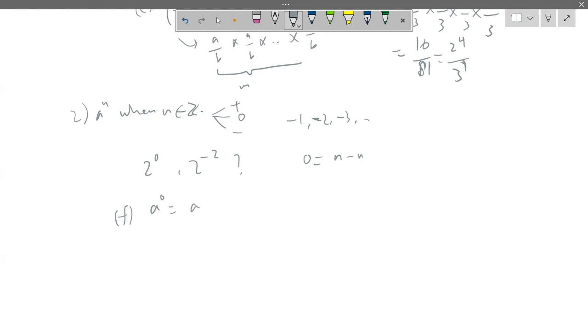So we rewrite that. Then using the property about the ratio of two exponents, a to the power of n minus n can be expressed as a to the power of n over a to the power of n. And notice that these are the same numbers, so you get 1.